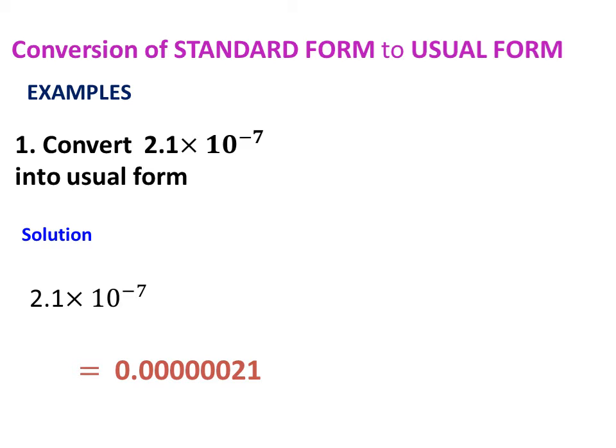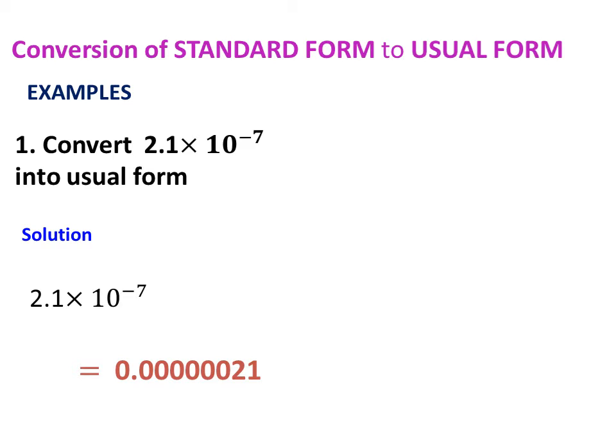Because we know that in standard form the decimal point has already moved from left side to the right side, since the standard form has a negative exponent. So to change the standard form to usual form, we should replace the decimal point to its original position.